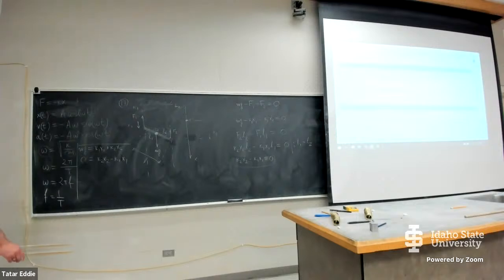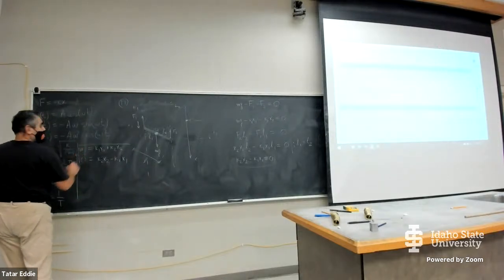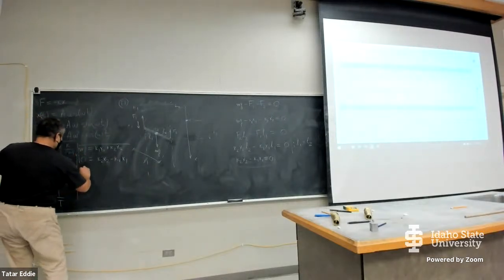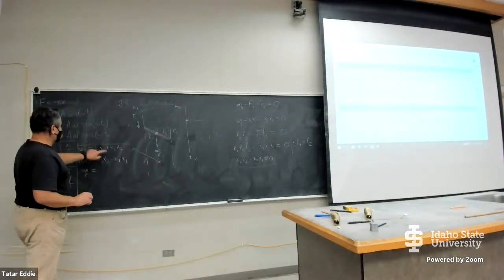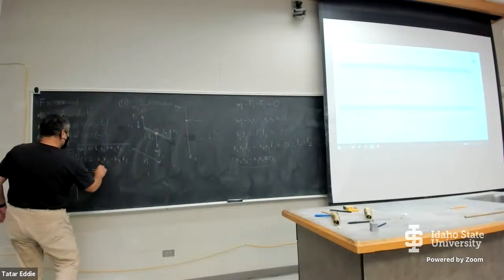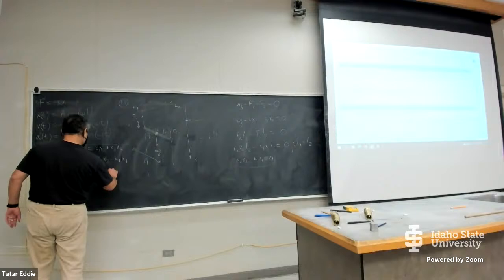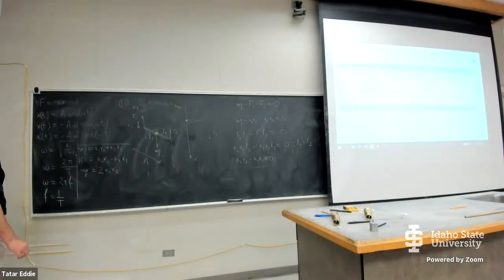How? Well, if you add those two equations together, the left-hand side is going to read mg, and the right-hand side, this and this go away because they have opposite signs, and you're going to have 2 times k2 x2, right?